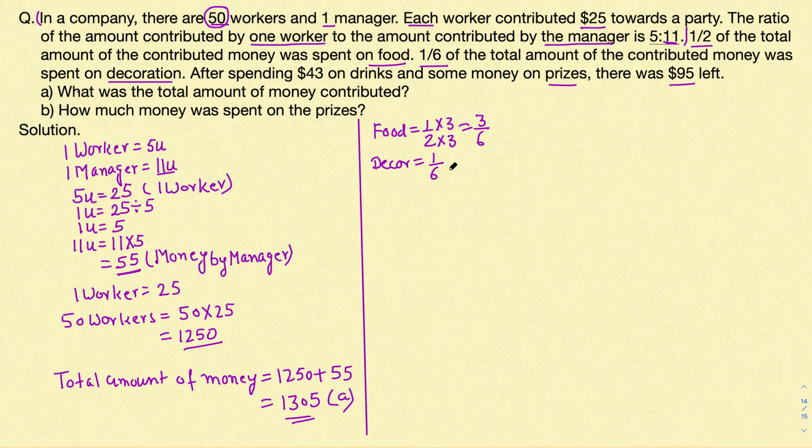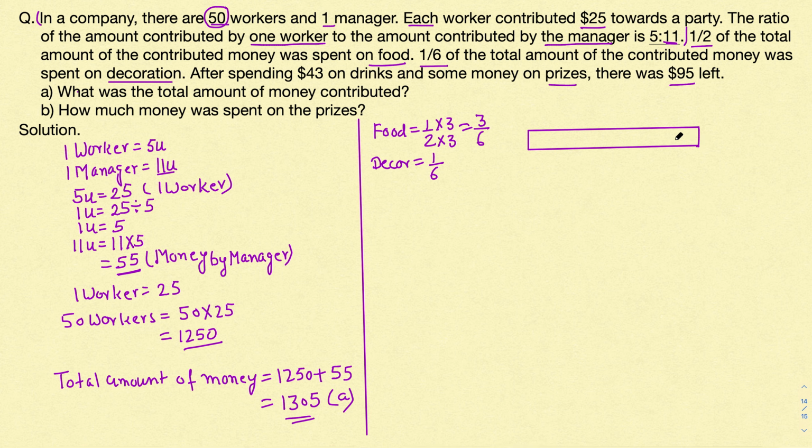So at least from here we can say, let's divide the total amount of money into 6 equal parts, because we know if we divide into 6 equal parts, 3 are spent on food and 1 unit of it is spent on decoration. So let's do that quickly. Let's say this is my 6 units of money.